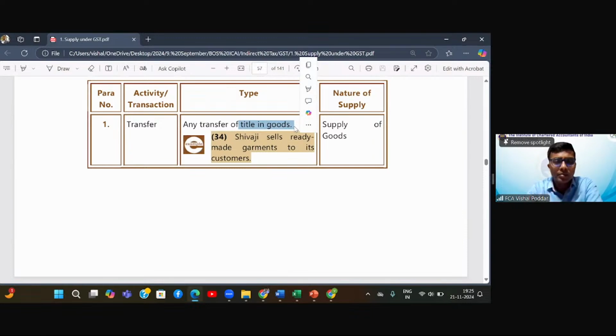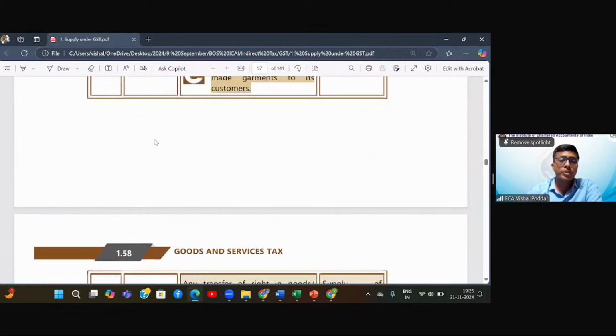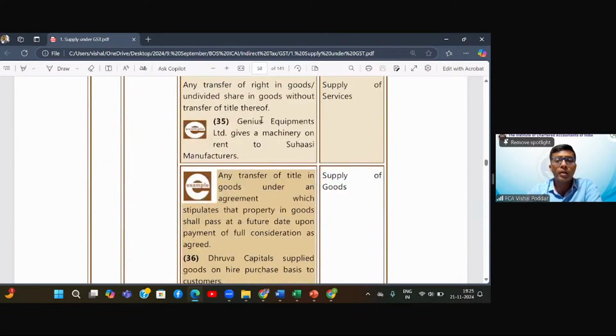It will always be supply of goods. So where your transaction is for transferring the title, ownership, immediately or at a future date, it will be supply of goods. But where your transaction is only giving temporary rights to use the goods without giving the title.